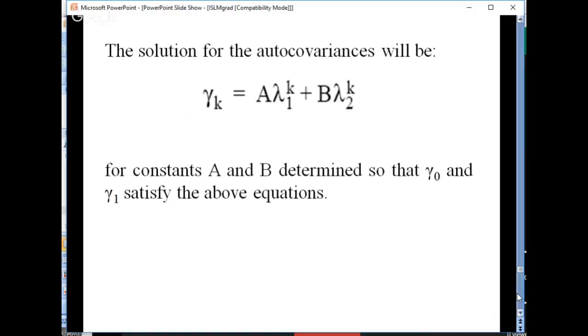So the solution for the autocovariances is going to be gamma k equals a, some coefficient, times lambda 1 to the k, plus b, some coefficient, times lambda 2 to the k, for constants a and b determined so that gamma 0 and gamma 1 are satisfied by the equations above.